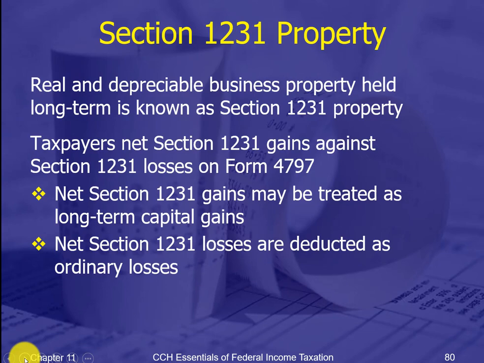Meaning if there's a gain, there'll be capital gains. We know that's the best route, right? That is the lowest tax rates. But if there's a loss, we can deduct it as an ordinary loss, which means we're not limited to the $3,000 rule that we learned about. So it's like the best of both worlds.